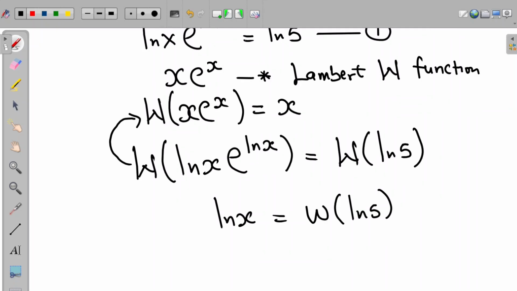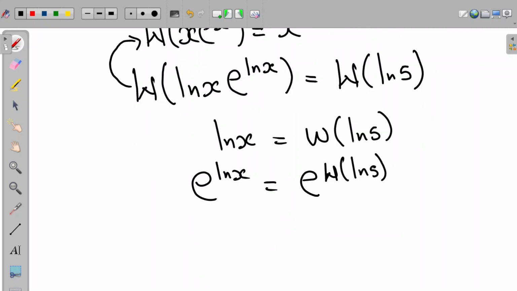Now, if we take the inverse operation, we have that e to the power of ln x is equal to e to the power of W of ln 5. So therefore, x is equal to e to the power of W of ln 5.